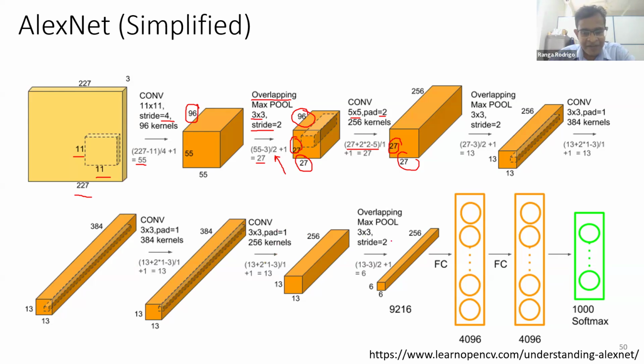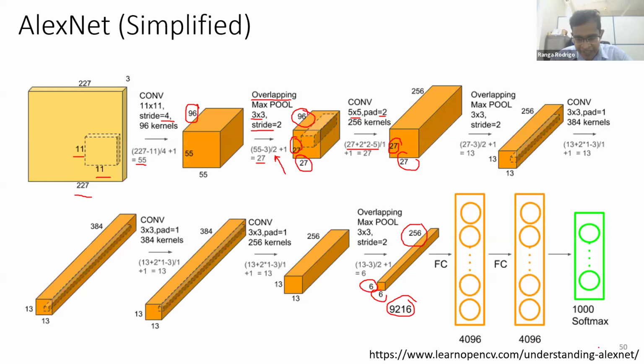So finally, you will have a structure of 6 times 6 times 256. What that means is, if you compute 6 times 6 times 256, you will get 9216. So this 6 by 6 by 256 you flatten, and you get 9216 nodes.